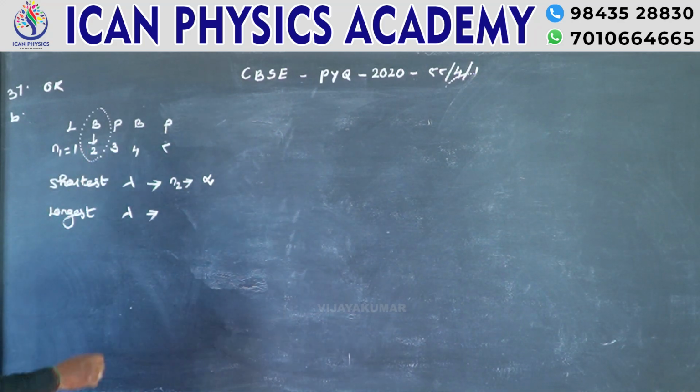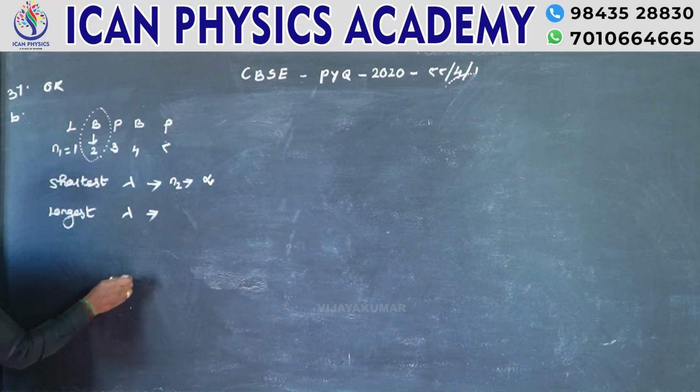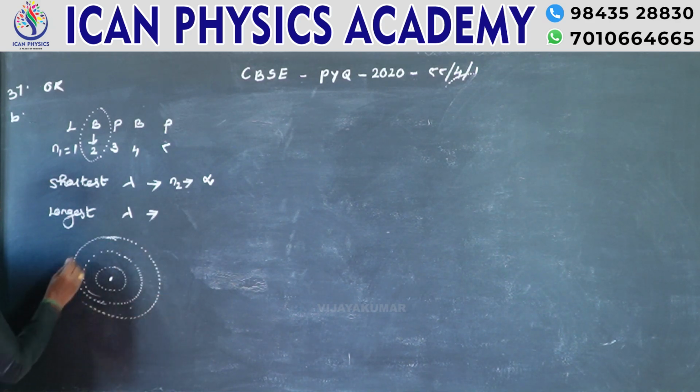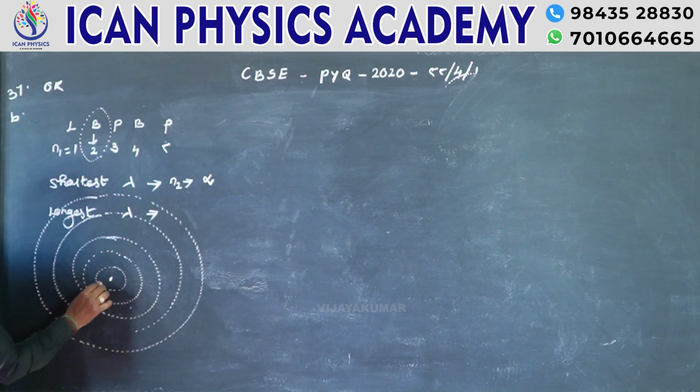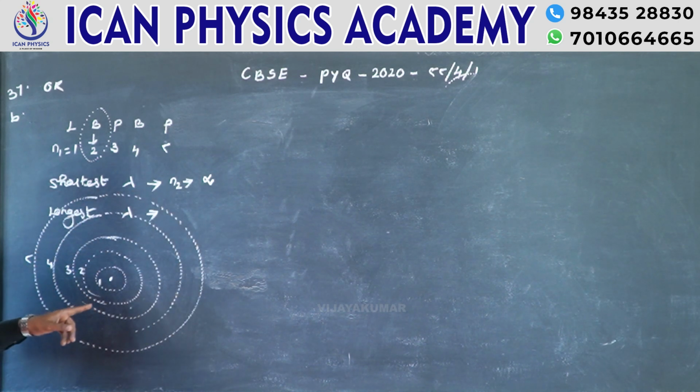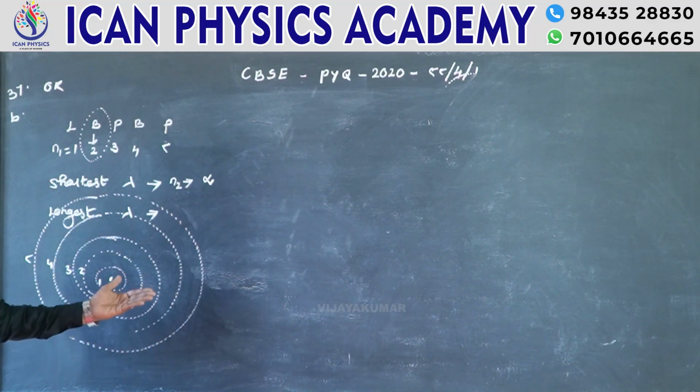For Balmer, okay, so the nucleus is at the center. Then the electrons are revolving round in the particular orbits, like this: 1, 2, 3, 4, 5. Balmer is when the electron jumps from any of the outer orbits to the second orbit.